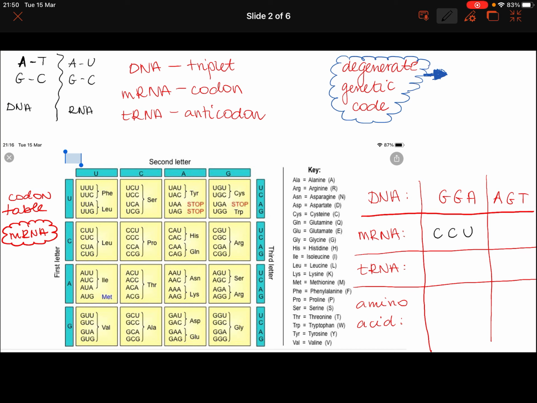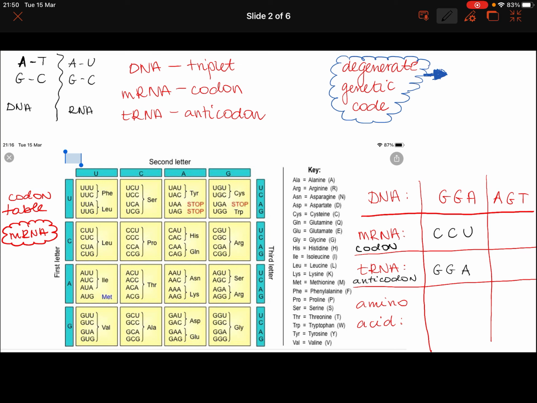If I want to then find the complementary anticodon to the codon on mRNA, so remember that's codon, that's anticodon, then I'm going again according to the base pair rules. So cytosine will then pair with guanine and uracil with adenine.